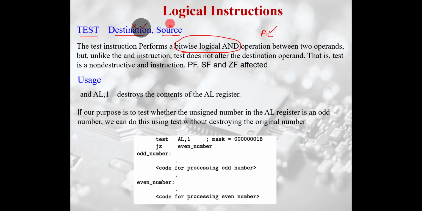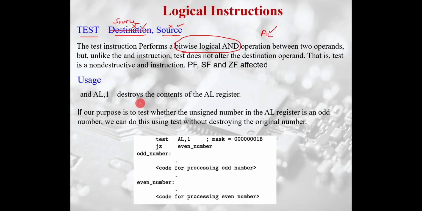They continue to hold the previous data itself, so there is no result stored in either of these registers. That is the only difference. It does a bitwise AND operation, but the contents of both are not changed. So probably it will be better to write here, source only, right?